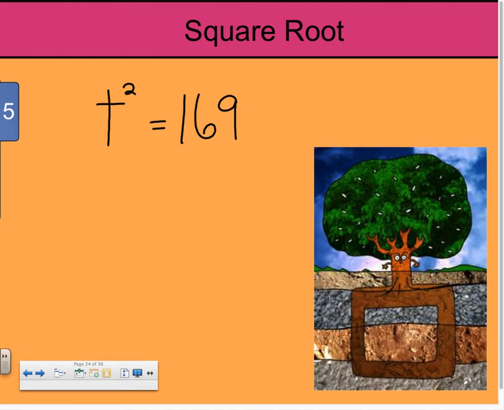Well, let's take a look at some of these. If I was going to multiply, in order to undo, I would divide. If I was going to subtract something, in order to undo it, I would add. How do I undo squaring something? Well, let me ask you this.